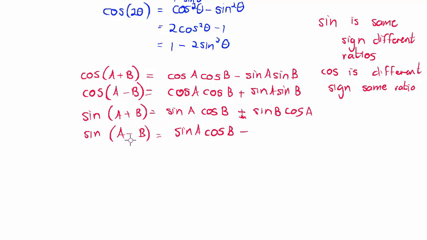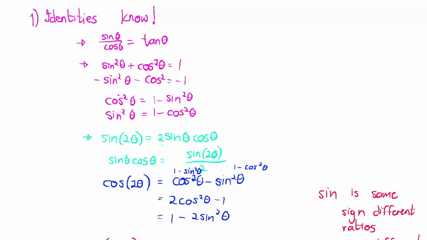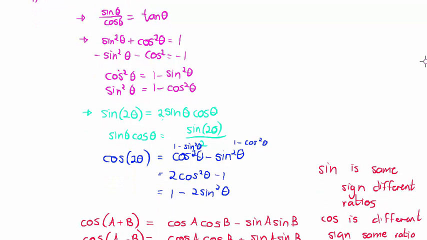So sine is same sign, different ratio. Minus. Excellent. Are you guys okay with that? Okay guys, so please make this your highest priority, to go and know these ratios off by heart.